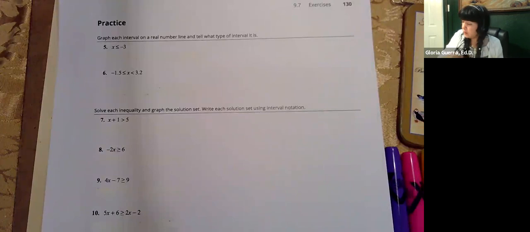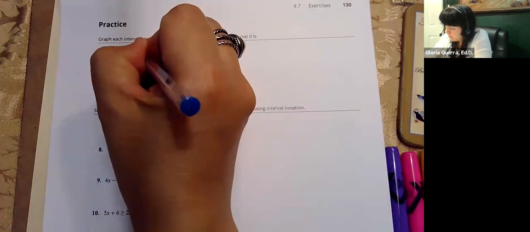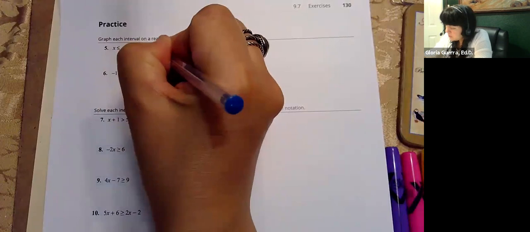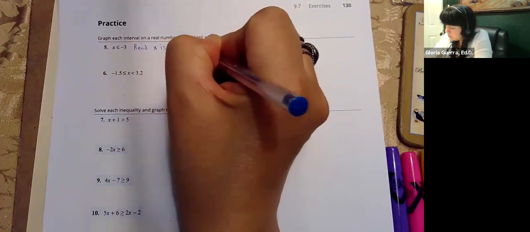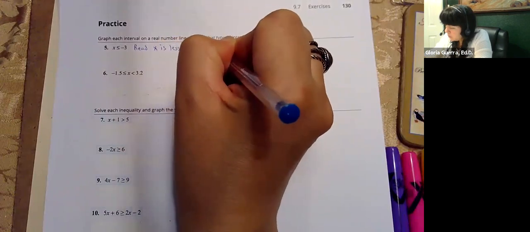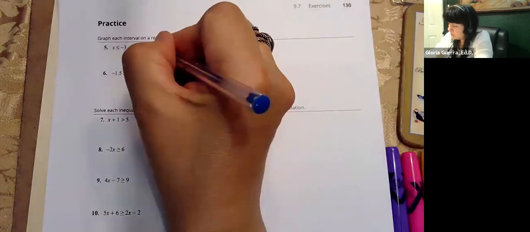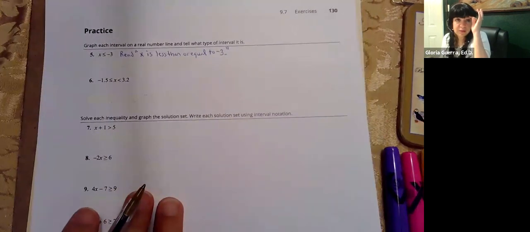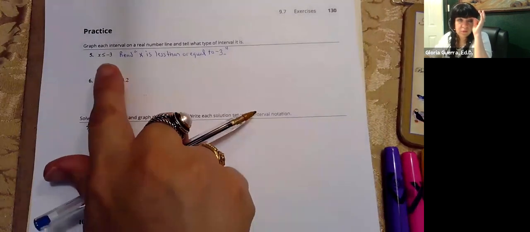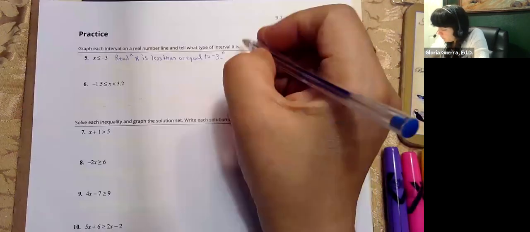If you read this out loud, it is read as X is less than or equal to -3. I'm just writing that down in case you're not sure how to read that. This is a symbol for less than or equal to. And so we'll start with a graph first.